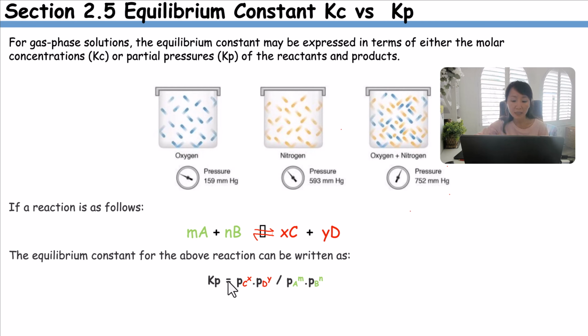So Kp is equal to the partial pressure of C to the X power, that's the coefficient, and then the partial pressure of D to the Y power, which is the coefficient. So this is all the product, and then over the partial pressure of the reactants with their corresponding exponents from the balanced equation.